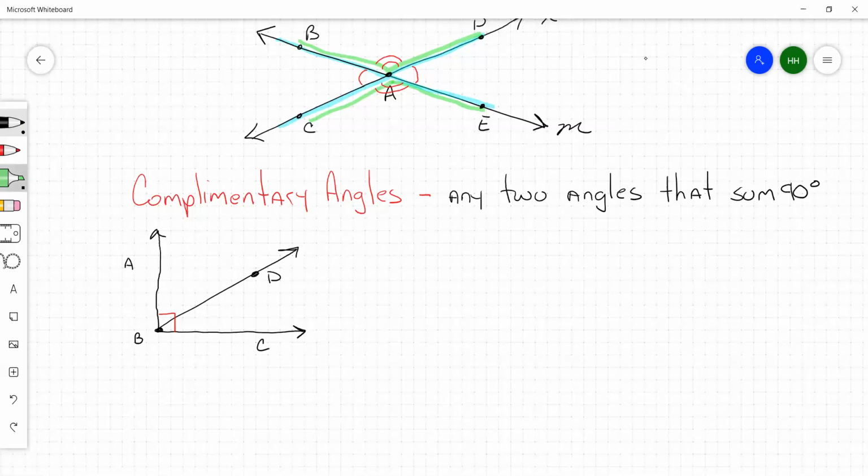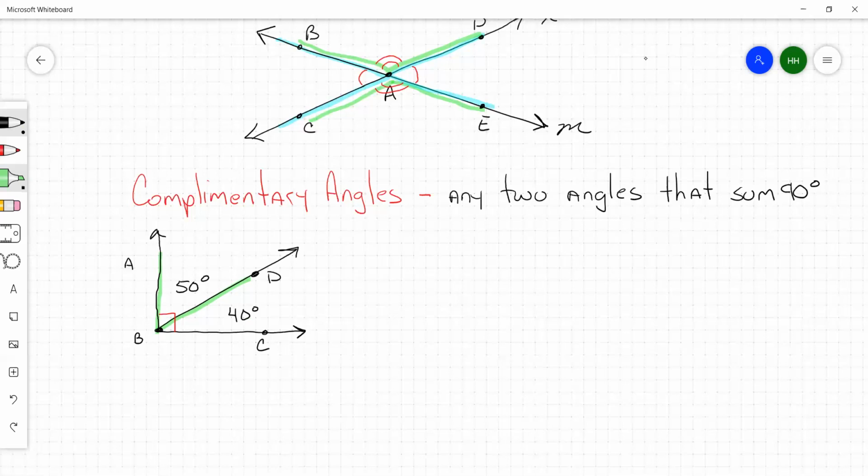So if green angle ABD, computer's a little slow today, measures 50 degrees, then the measure of angle DBC would be 40 degrees.